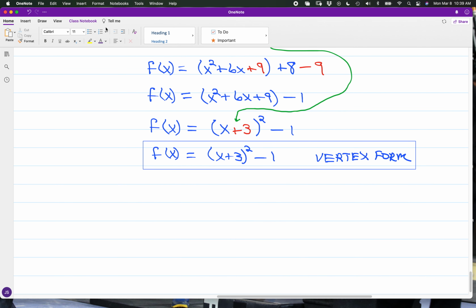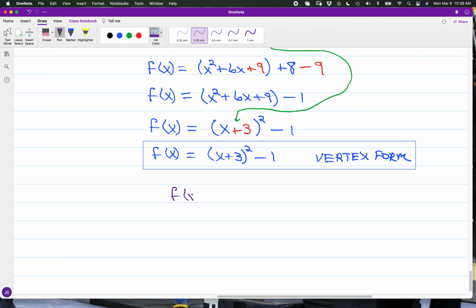And in terms of the vertex itself, see how this sizes up with respect to the general layout of what I have for the vertex form. So just looking at what we have here, we have that a is equal to 1.